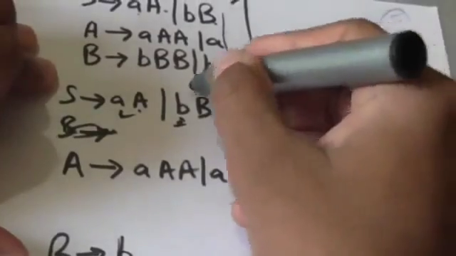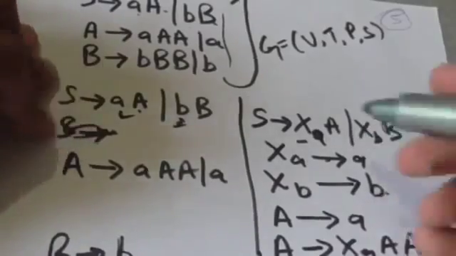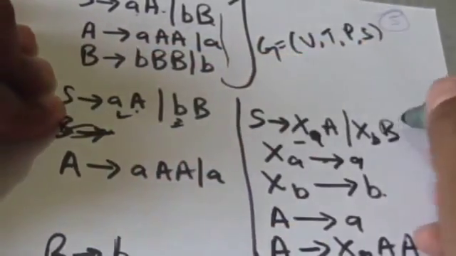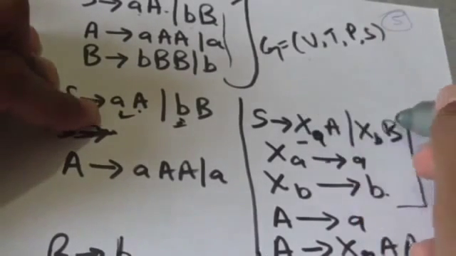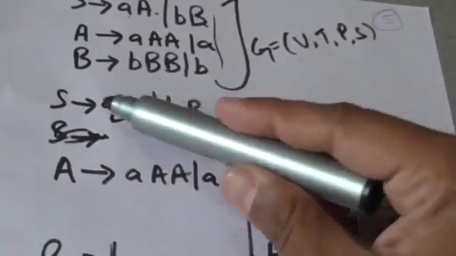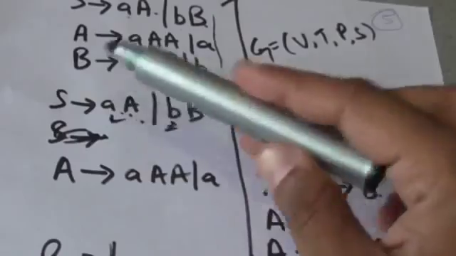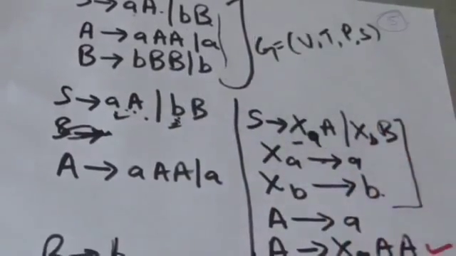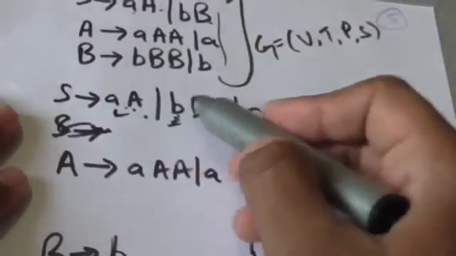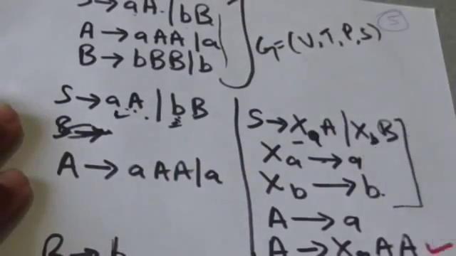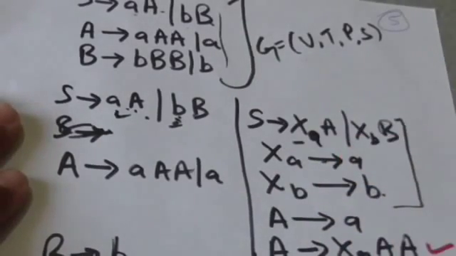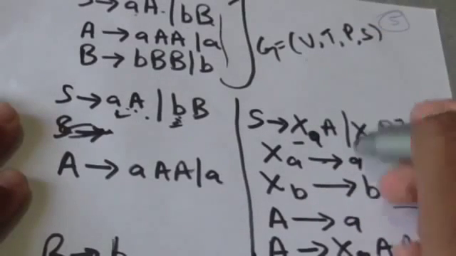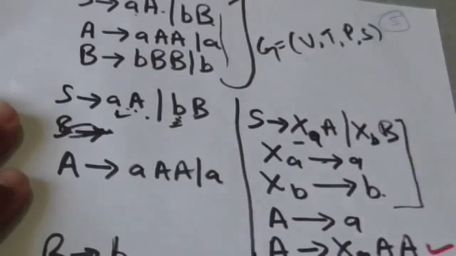And we will remove this production from the grammar G. Now, in place of this production, we will have four productions in grammar G, in place of these two productions, S derives AA, S derives BB. Right, because we have replaced these two productions by these four productions. And what else we will have to do? We will have to add these two variables XA and XB to the set V of grammar G.